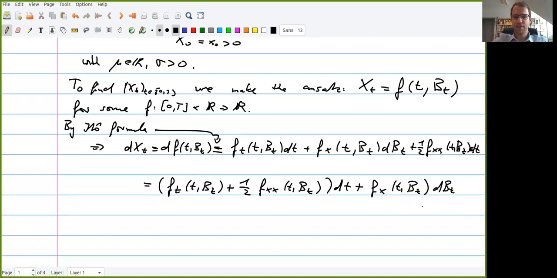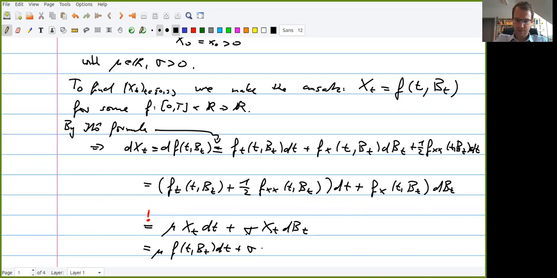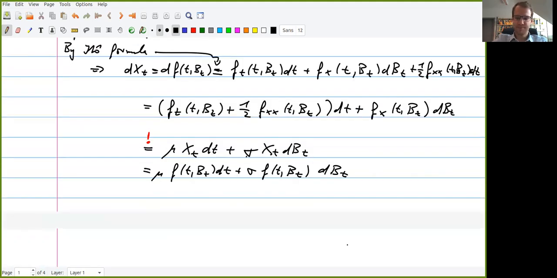All right, and now I want to have f in a way that this is equal to, so this is not an equality, this is what I want to have. I want that this is equal to the SDE's right-hand side, because X should be a solution to my equation here. So that's my hope. This is nothing else than plugging in.